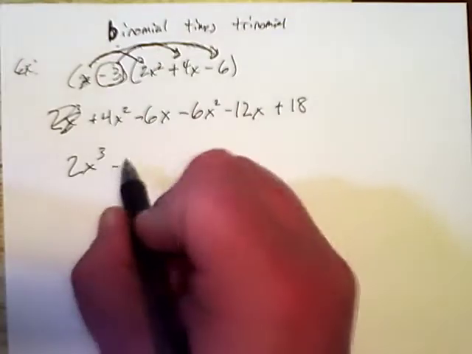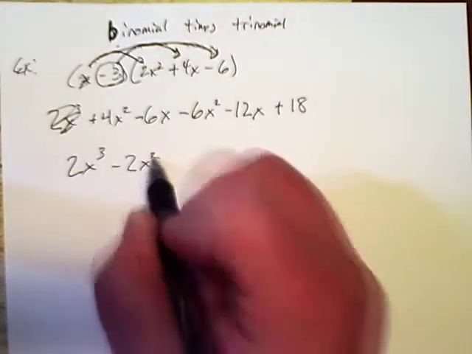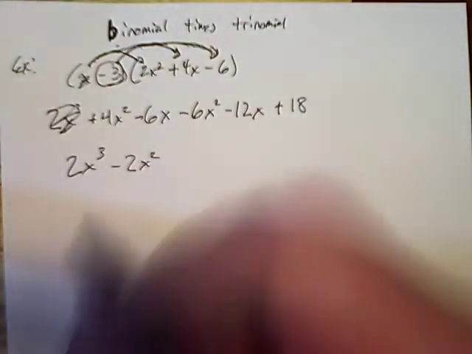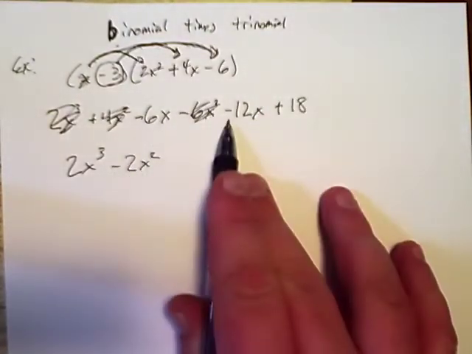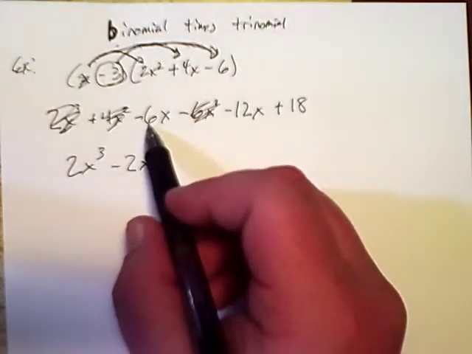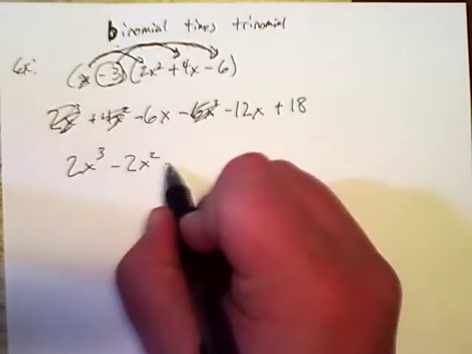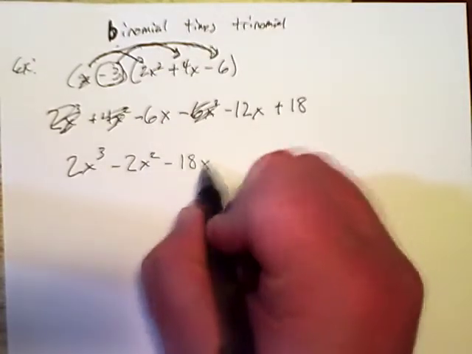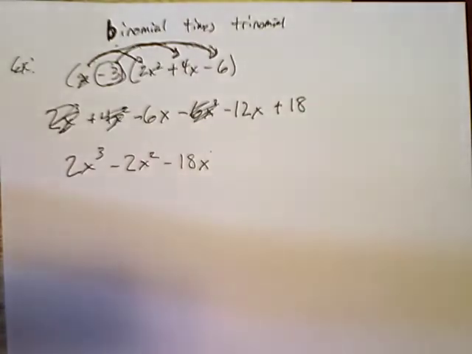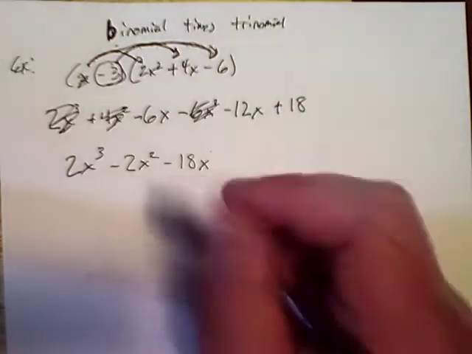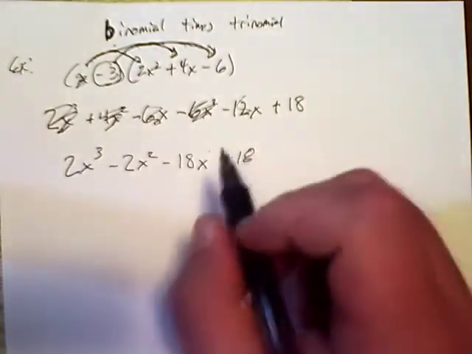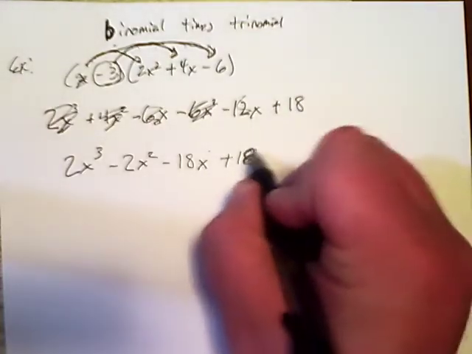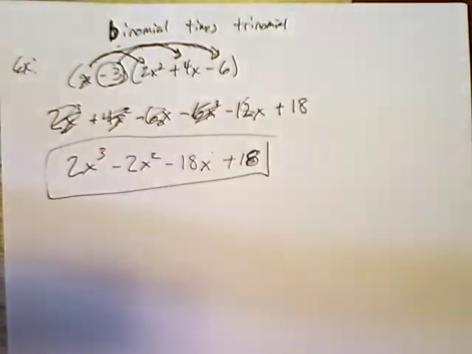I'd be at negative 2x squared. Negative 6x minus 12x will go to the left 6 and the left 12 more. I'd be at negative 18x. Oh, just x. I'm done with those, and all I'm left with is this 18 on the end. And that is as far as I can take it.